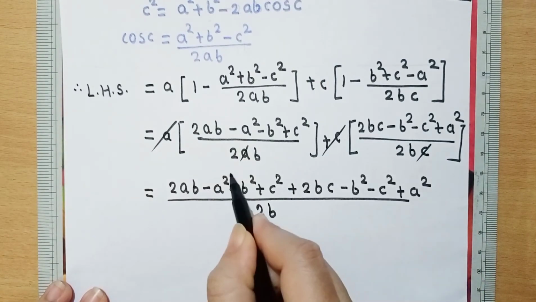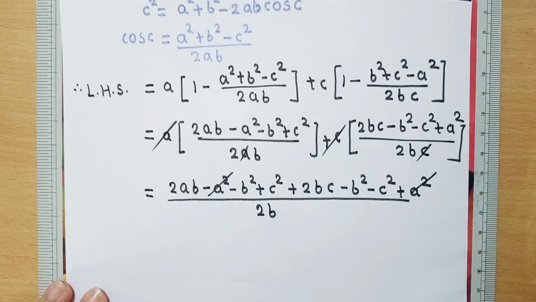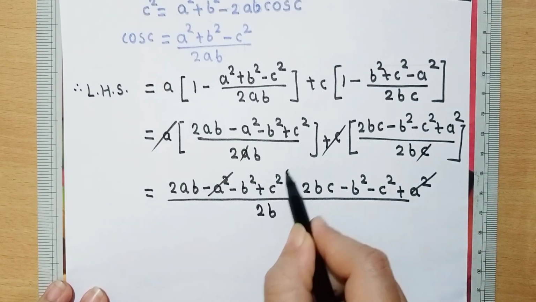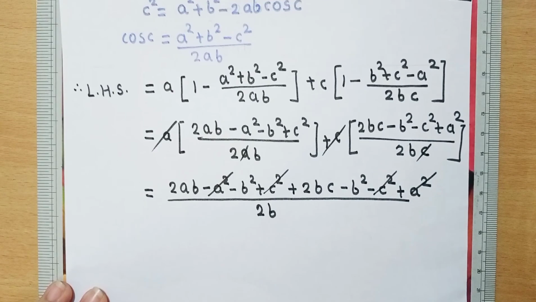Now check, minus A square plus A square get cancelled, again plus C square minus C square get cancelled.